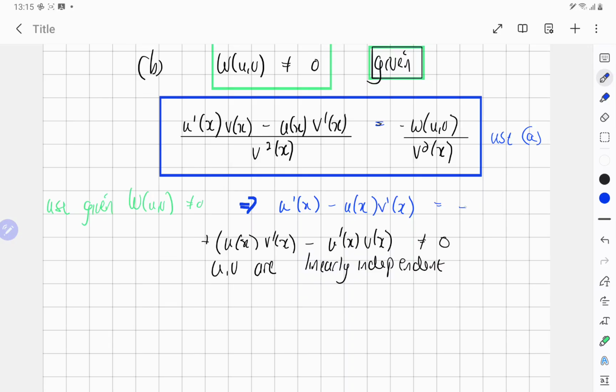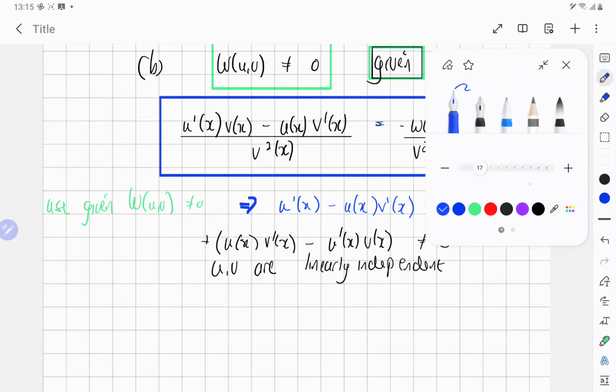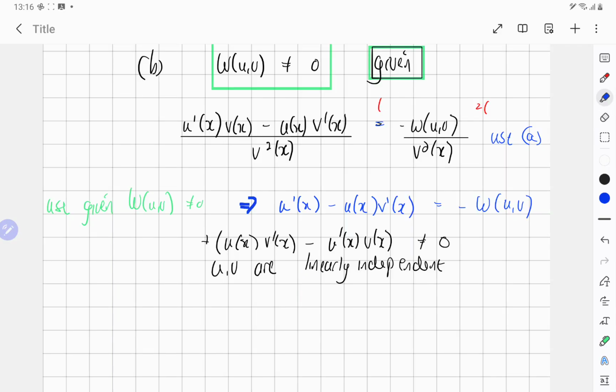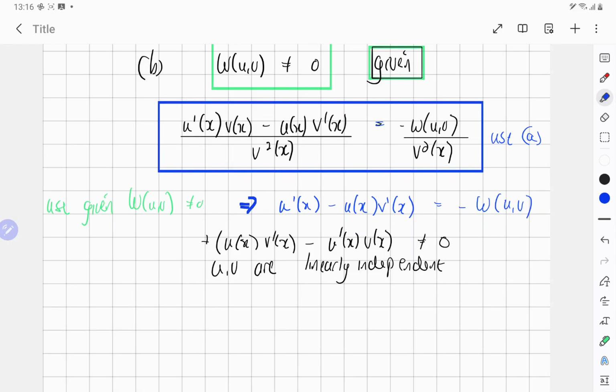So in other words, I get this. Just to recap what I've done here, I've multiplied by v squared x on both sides so that they can cancel. But that you should be familiar with. That is just school maths. But I do know that students make that mistake often, that they do not know that you can multiply by the LCD on both sides.